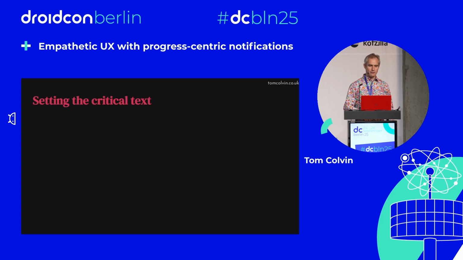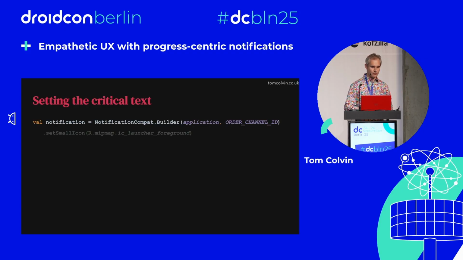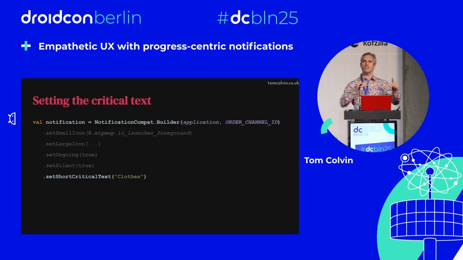To set the critical text, your notification needs to be a promoted ongoing notification. So in our notification compat builder, oh, by the way, we set the text to set short critical text, but we do it on a promoted notification. So the promoted one is like the topmost notification. We have to request to be that. The system might not grant it.